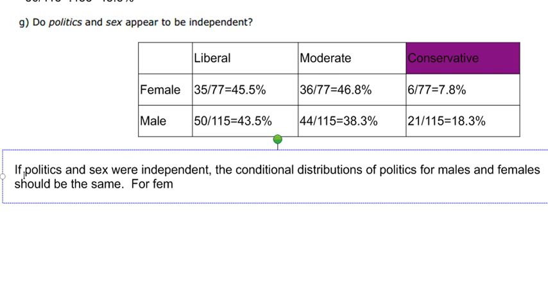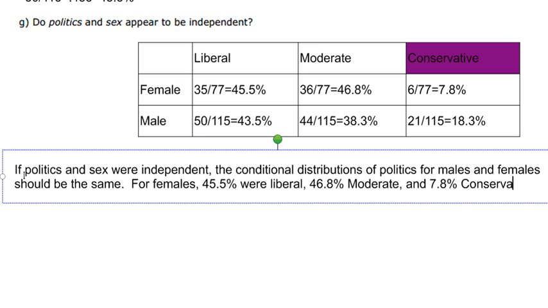For females, and I'm going to give specific examples, for females, 45.5% were liberal, 46.8% moderate, and 7.8% conservative.